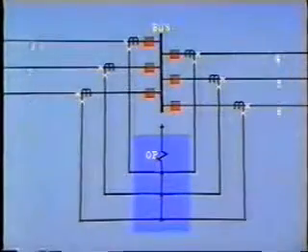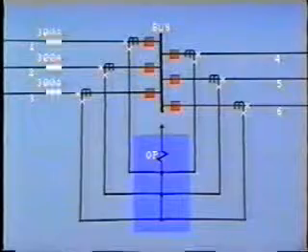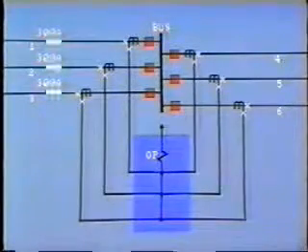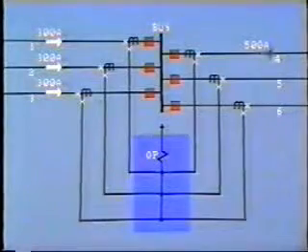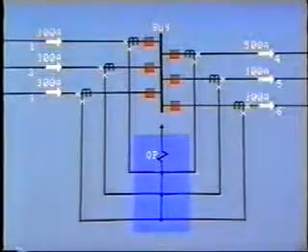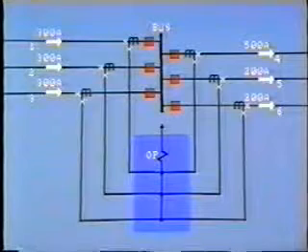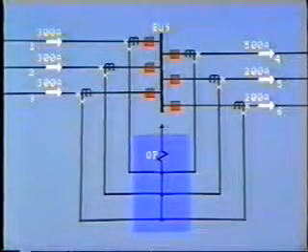Let's look once again at an example of simple current differential. There are 6 circuits connected to this bus with 300 amps entering on each of these lines 1 and 2 and 3. 500 amps flows out on line 4 and 200 amps out on line 5 and line 6.